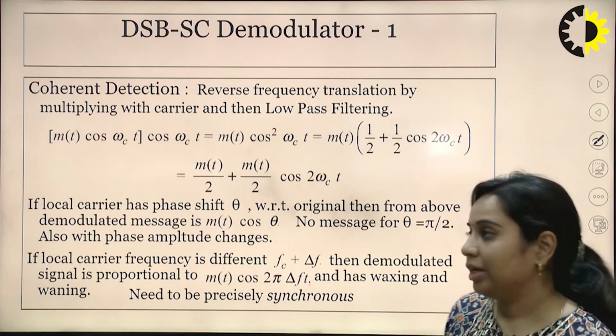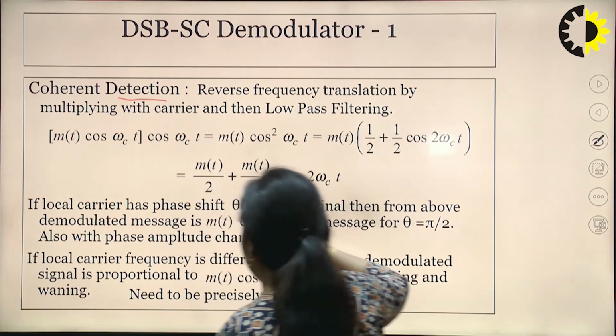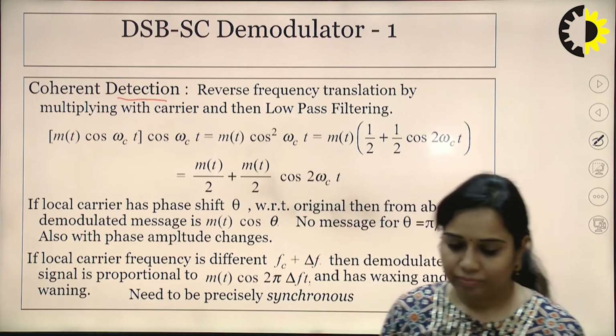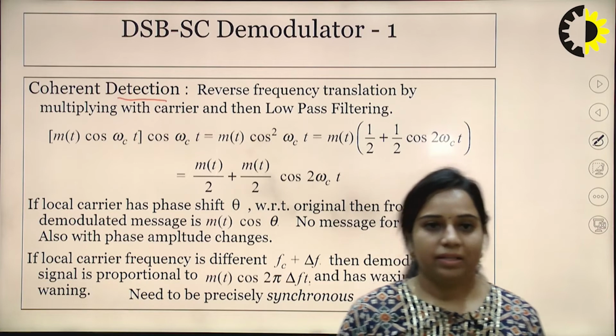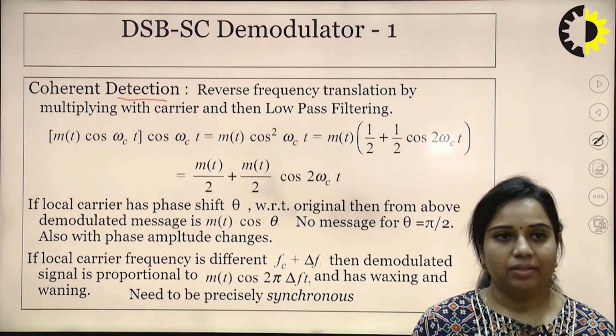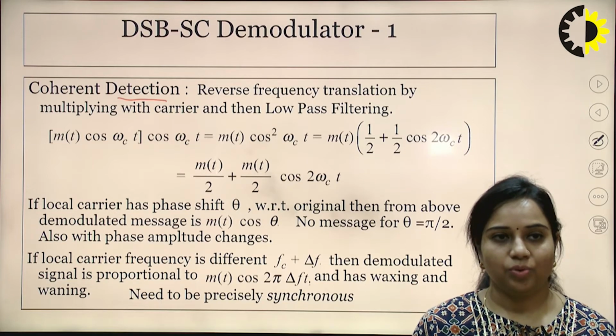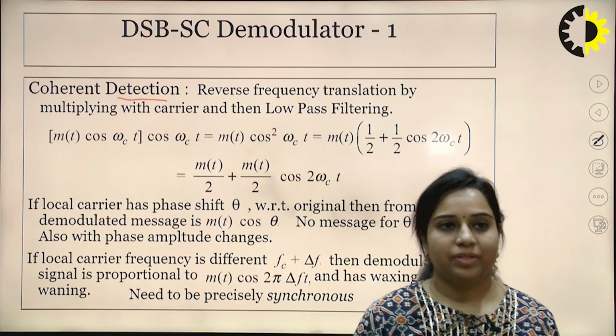So the first type of DSB-SC demodulator is coherent detection. Now what is coherent detection? Like I have said, why is the carrier signal sent? The carrier signal is transmitted just to synchronize the local oscillator used at both sides, that is at the transmitter side and at the receiver side.